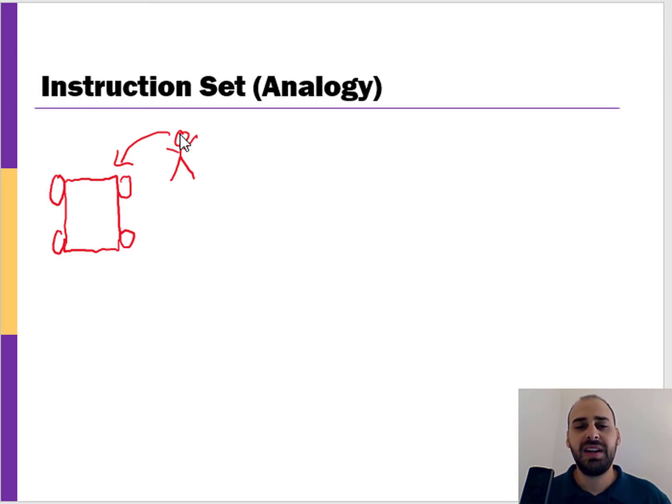Okay, and we can imagine that we can design this so that there's only a small number of instructions that the car is built to take. The car is designed so that it can have a forward command or forward instruction, right?